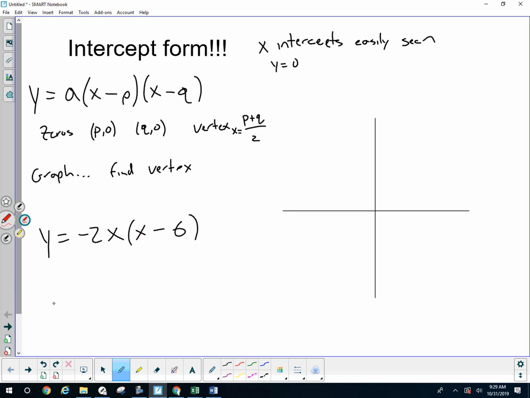We have zeros at 0 and at 6. Okay? That's not that bad. Okay, find the vertex and graph, please. Pause the video so that students have time to do this.